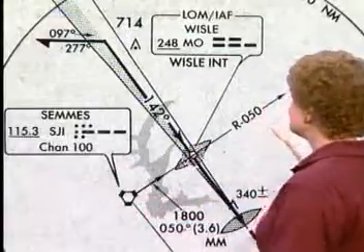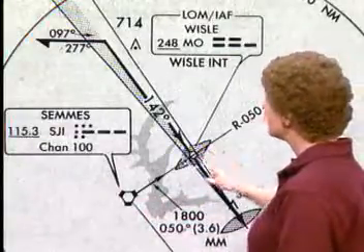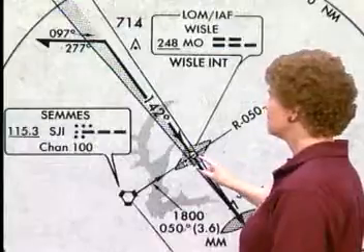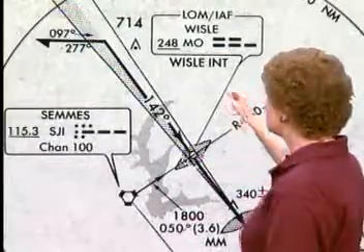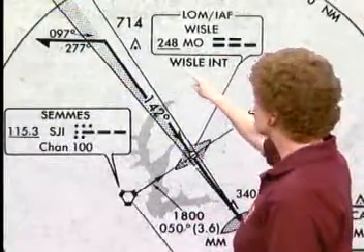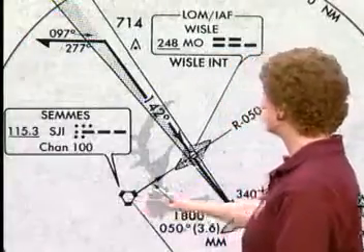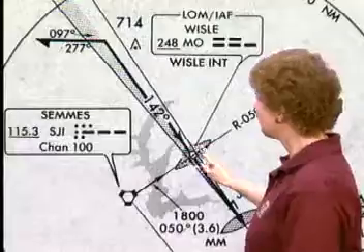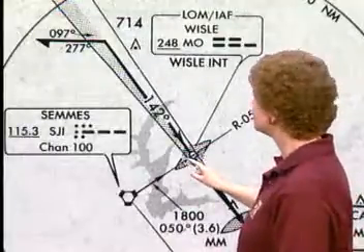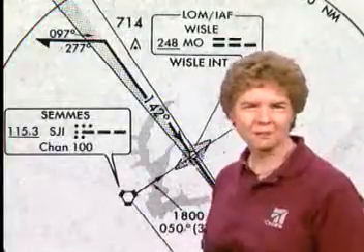Notice the 050 radial? It goes right smack dab through Whizzle. In fact, this note up here identifies that spot as Whizzle intersection. So you can use the 050 radial of Sims VORTAC to identify your position at Whizzle. And if that isn't enough to make you whistle a happy tune, what will?